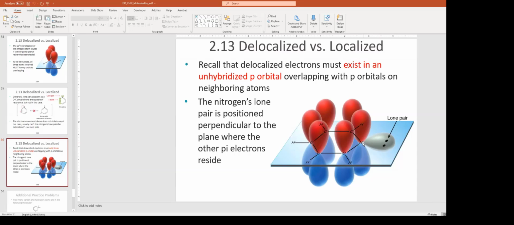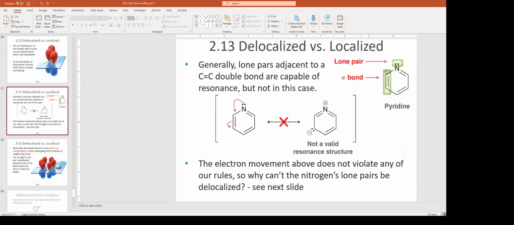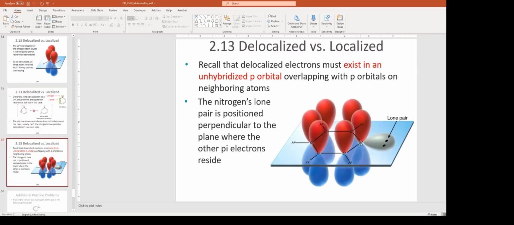Because if the nitrogen is sp2, which it is, you agree this has to be sp2. It's bonded to 2 atoms, has 1 lone pair, has to be sp2. What are the sp2 orbitals doing? They make sigma bonds and they hold lone pairs. So one of the sp2 orbitals is right here, making a bond to carbon. Another is right here, making a bond to this carbon. And the other one has to be holding the lone pair.